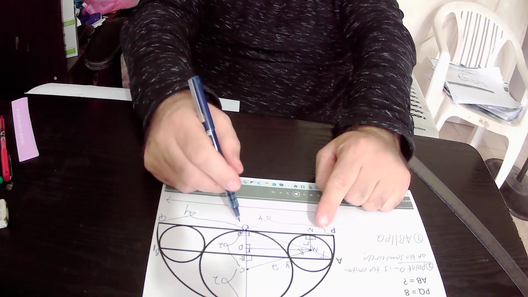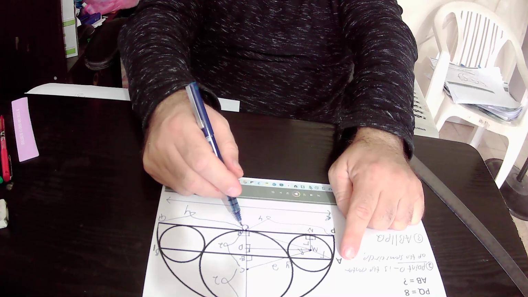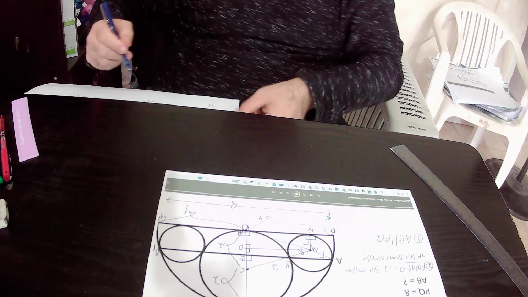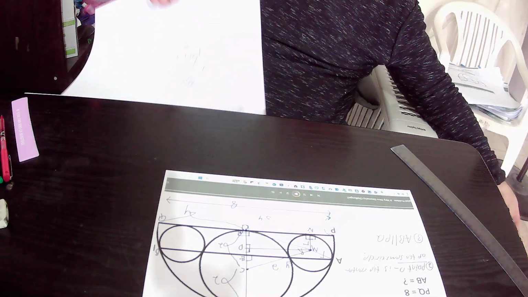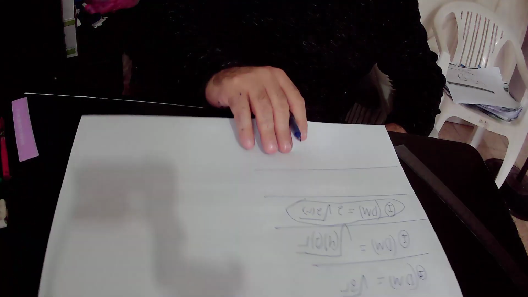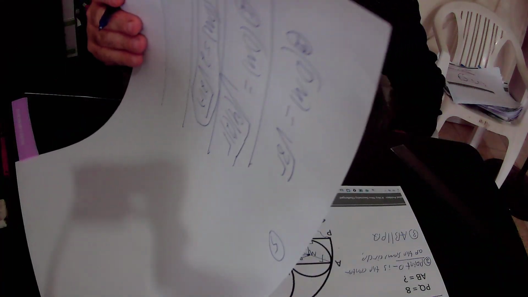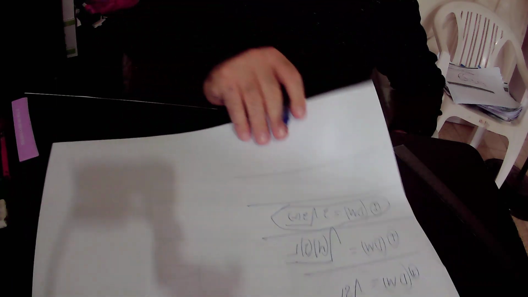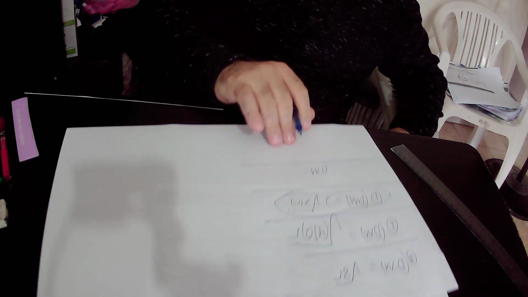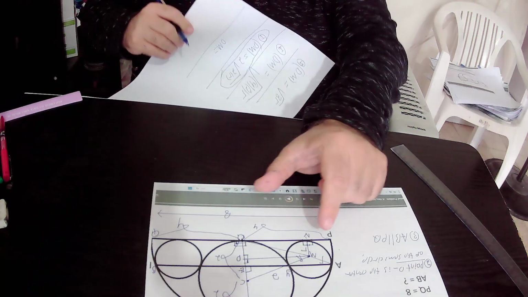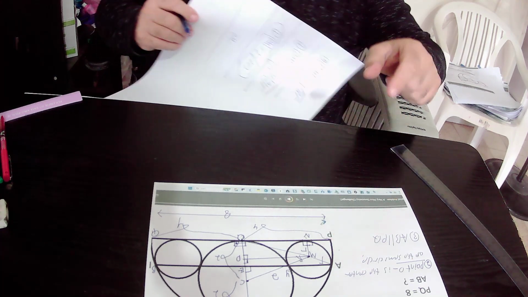But what is the value of MO? The value of MO is AO minus AM. I will write that down. OM equals OA minus AM.